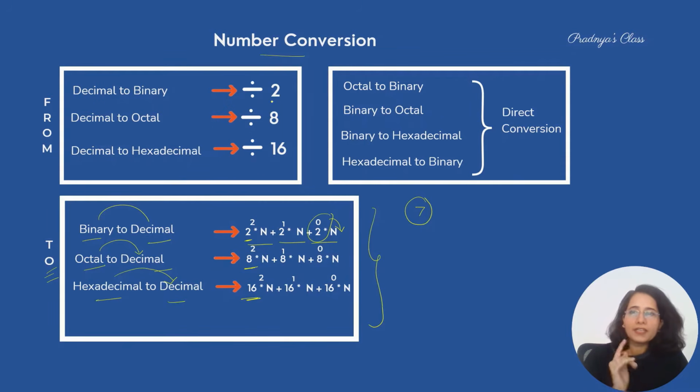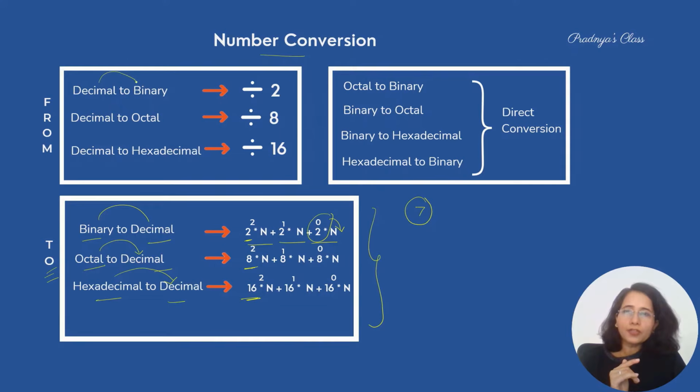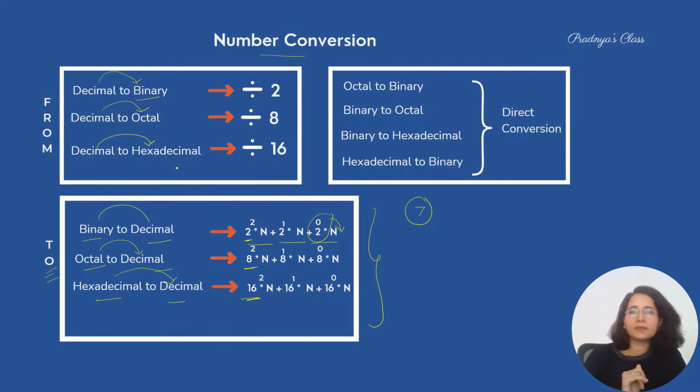Now look at this set. Here we have to convert from decimal to the other number systems. So from decimal to binary, from decimal to octal, and from decimal to hexadecimal number system. So keep in mind the set name is from. So here what we have to do, as we are converting to binary, we have to do the repeated division by 2.